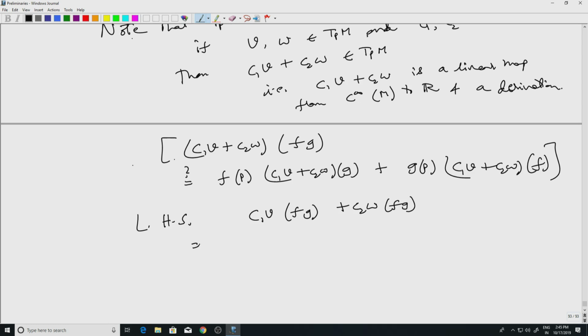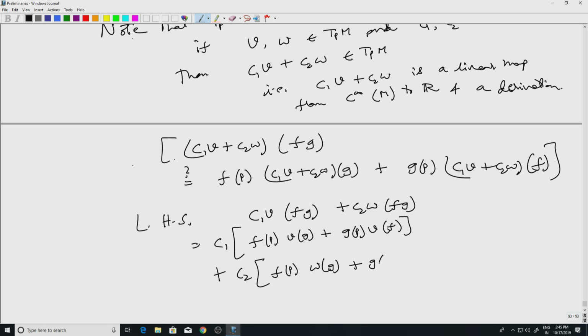Now just use the derivation property for V and W. So I'll get C1 times f of P V of g plus g of P V of f. Similarly, the second term is C2 times f of P W of g plus g of P W of f.